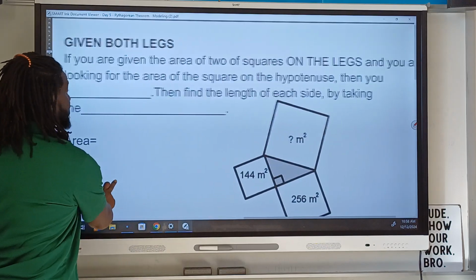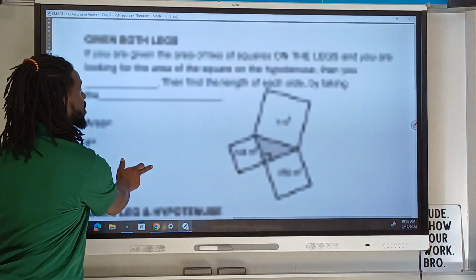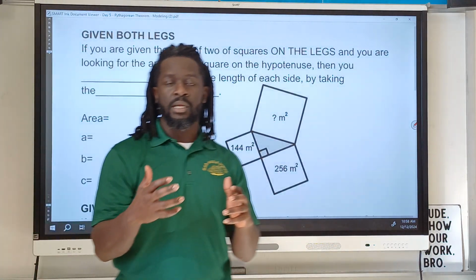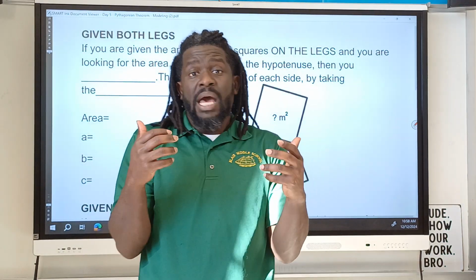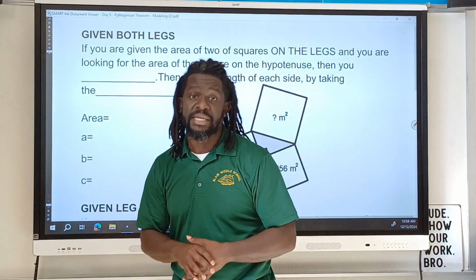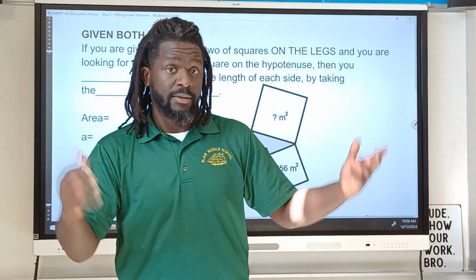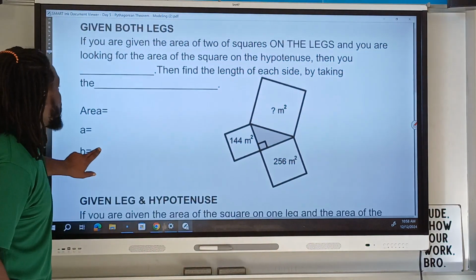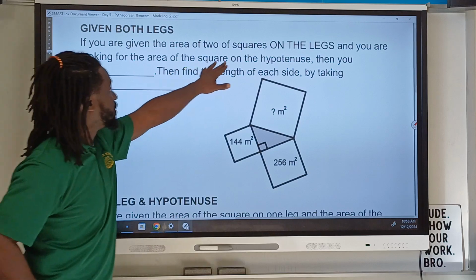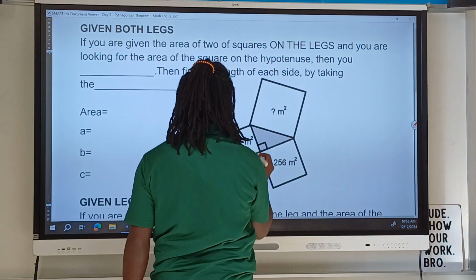And so, guys, listen, in each of these problems, you are going to be given 2 out of 3 pieces of information that you need. And then you're going to have to find what's missing, okay? And so if you are given the area of the 2 squares that are along the legs, okay?